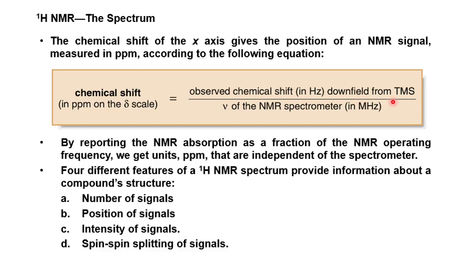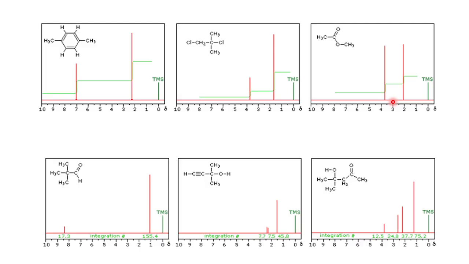If someone is running a sample at 300 megahertz and I run the same sample at 500 megahertz, I will get the delta value for a specific proton at the same position. That's why they use that delta value, so that there will be no confusion. Otherwise the same material would show at different positions. That's why it is in ppm; the delta unit of chemical shift is represented in ppm.